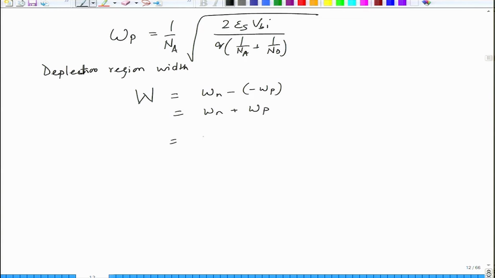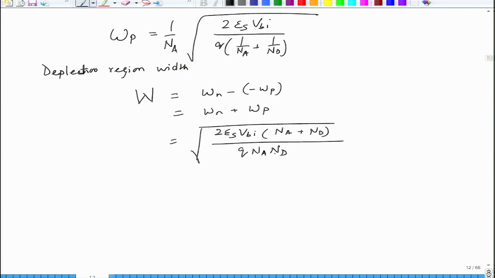If you now sum them together, what you will obtain is square root of 2 epsilon s Vbi into Na plus Nd divided by Q Na Nd, or alternatively you can write this as 2 epsilon s Vbi divided by Q into 1 over Na plus 1 over Nd.